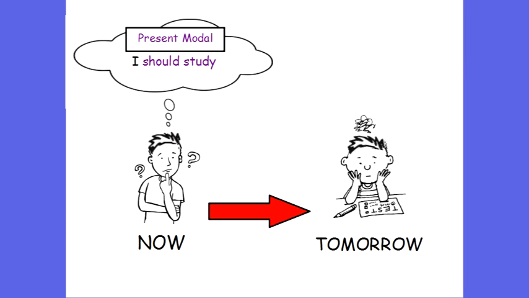So today, we're going to look at how to make this type of suggestion, but in the past tense. Okay, so let's take a look at this situation over here with this boy. He's playing video games, and we're thinking about what he did in the past. It says here, I didn't study for my test. I played video games.